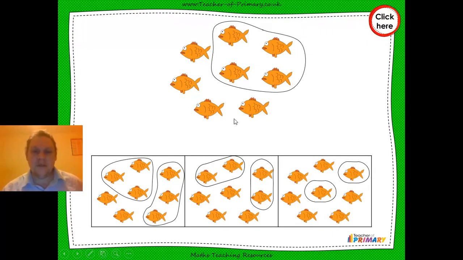What fraction of the fish have been circled? We've got exactly the same amount circled inside the circle here as we have outside. So half the amount of fish have been circled. What's the equivalent of half the amount of fish? 2/4 of the amount of fish. So we know that half the amount of fish is 1, 2, 3, 4.